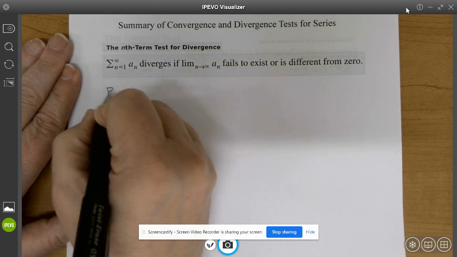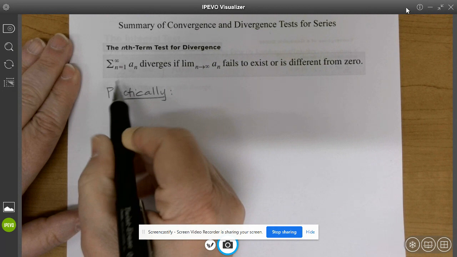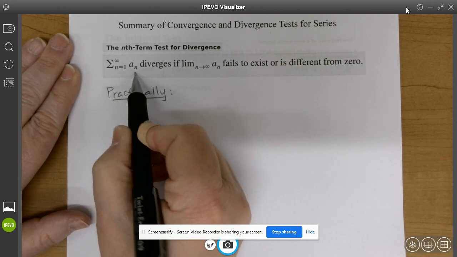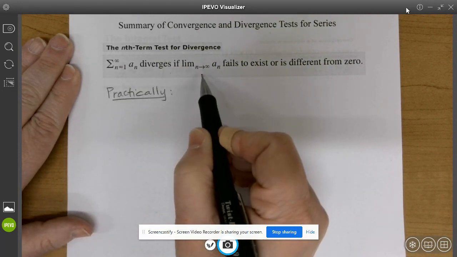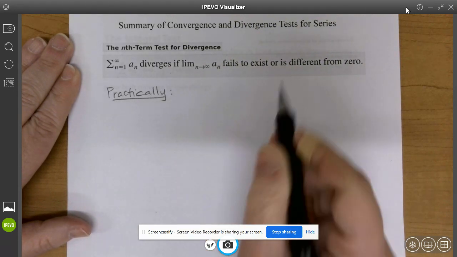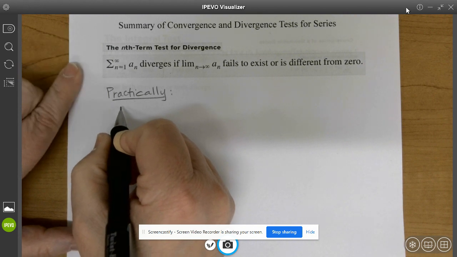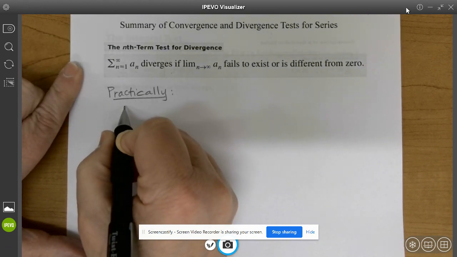So practically, what does this mean? Well, if you read it, it says the sum from n equals 1 to infinity of a sub n diverges if the limit as n approaches infinity of a sub n fails to exist or is different from 0. I like to talk about things practically because I'm an engineer and that's what we do.